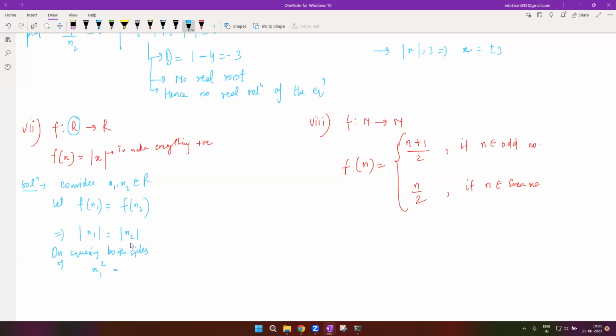And this becomes mod of x2 whole square, which becomes x2 square, by using the property that x square and mod x whole square both are same.